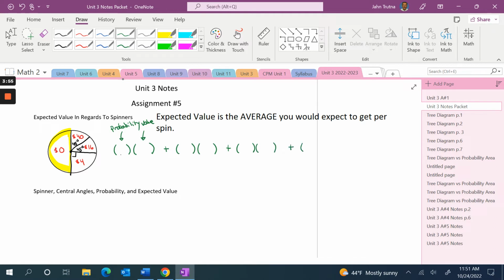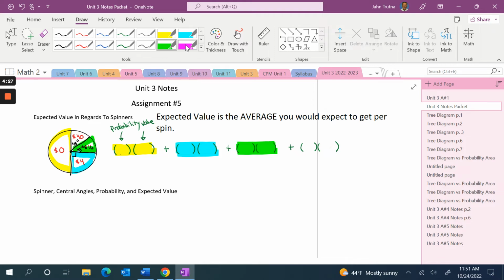This spinner has 4 sections, so we are going to repeat that process for each one. So this would be for the yellow section, and then we're going to have a blue section, and then you add those values up. And whatever you get at the very end, that's what we call our expected value. In other words, what's the average you would expect to get per spin?